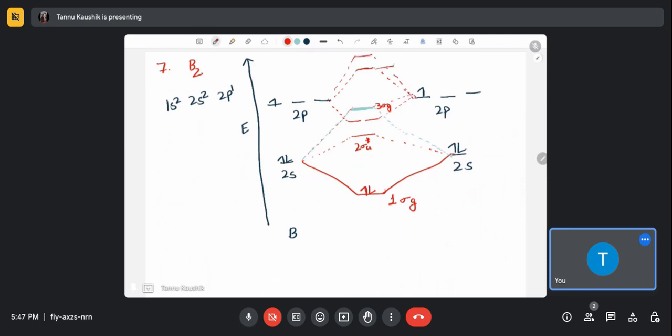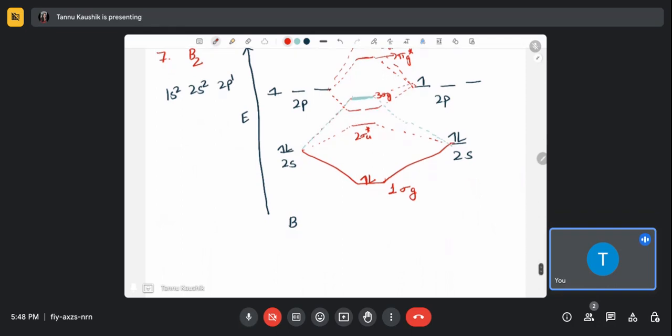So this is pi g star and pi u star. So now when we fill up the electrons, we will have 2 electrons in the bonding molecular orbital and 0 electrons in the anti-bonding molecular orbital.